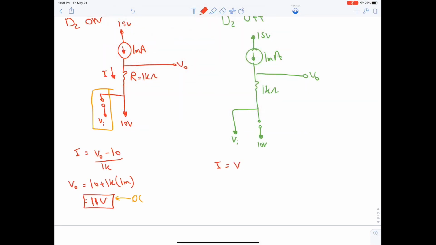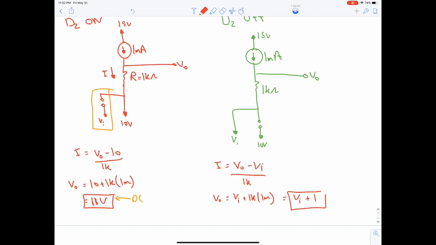It's Ohm's law again, V naught minus VI divided by 1K. So V output is equal to VI plus 1K multiplied by 1 milli. So it will be VI plus 1.